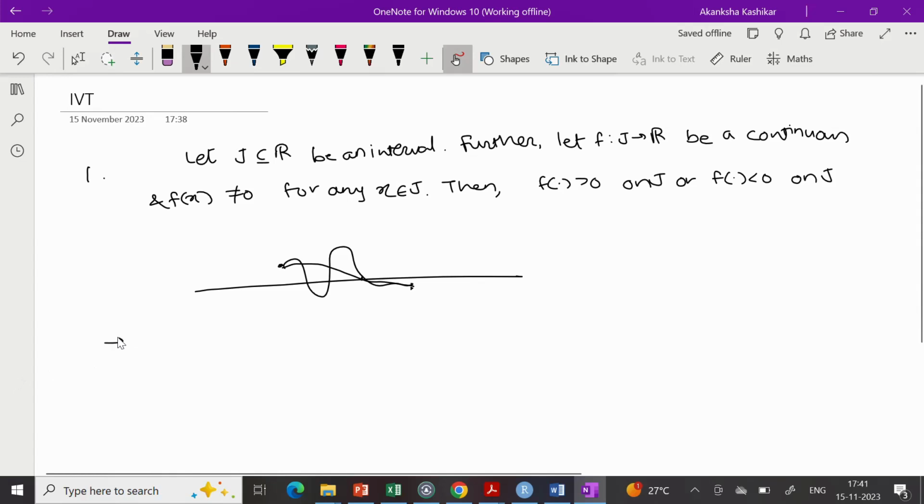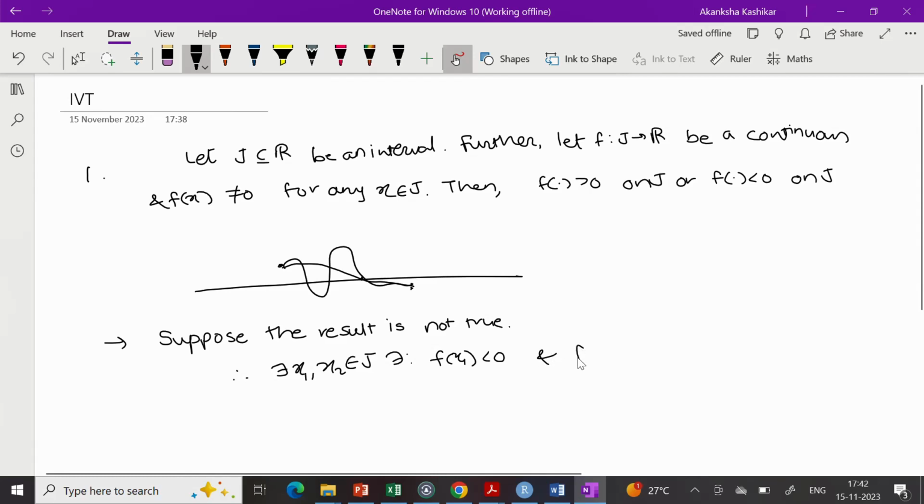Okay, so let us write the formal proof and we will prove by contradiction. So suppose the result is not true. Therefore, this would mean that there exist x1, x2 in J such that f(x1) is less than 0 and f(x2) is greater than 0.